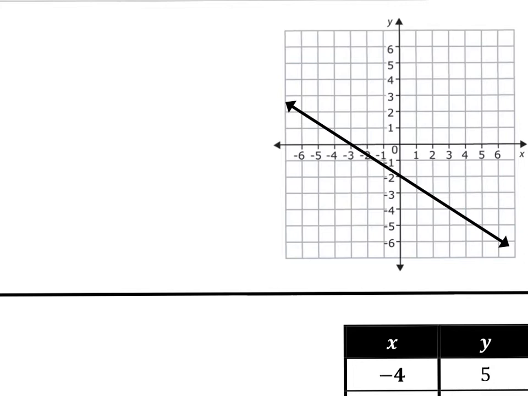What we are learning about today are the intercepts of a line. A line has two intercepts, or it can have two. Not every line has both.